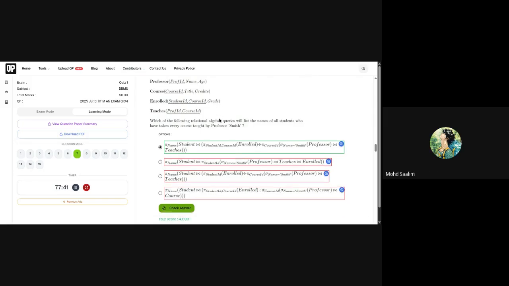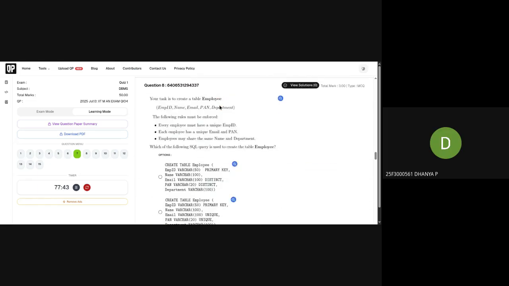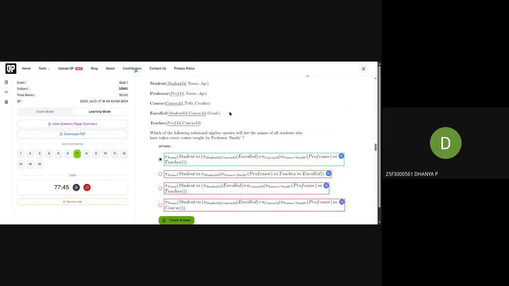Makes sense. So why is the second option wrong? In option B, we are joining teachers and enrolled first, based on the course ID. Then after that, we are selecting the professor with the name Smith only.